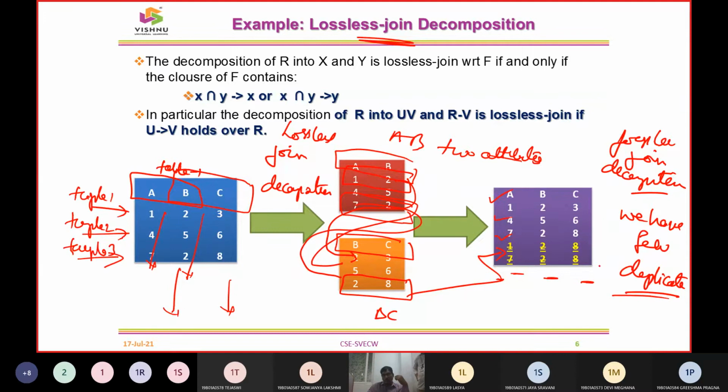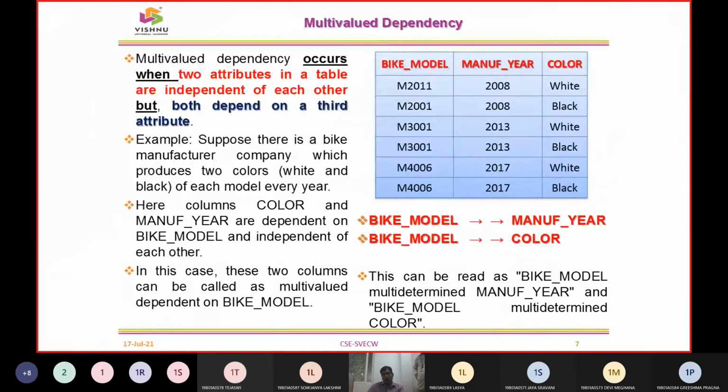So we do have some duplicates. To eliminate such a mechanism, we now look towards the fourth normal form.